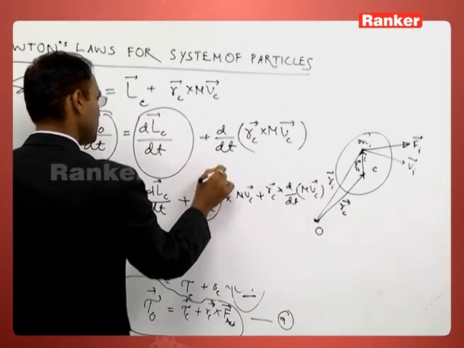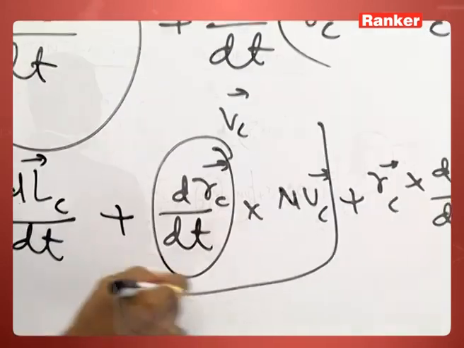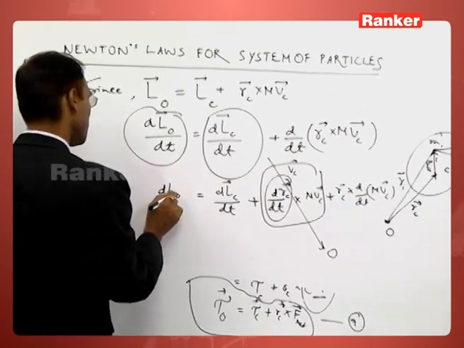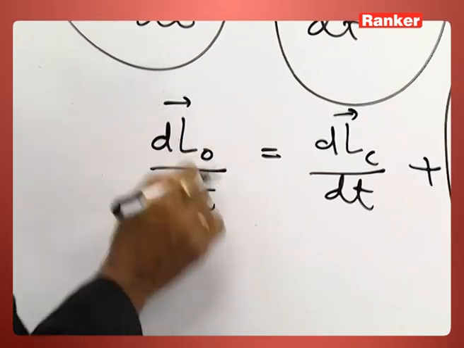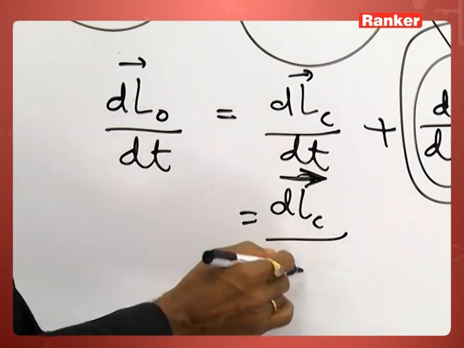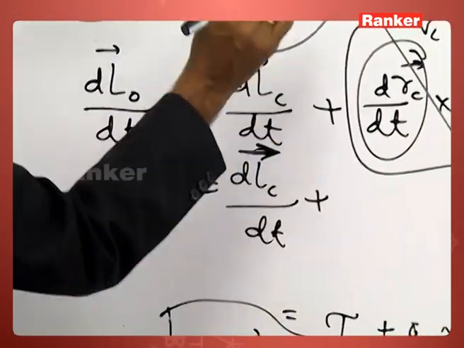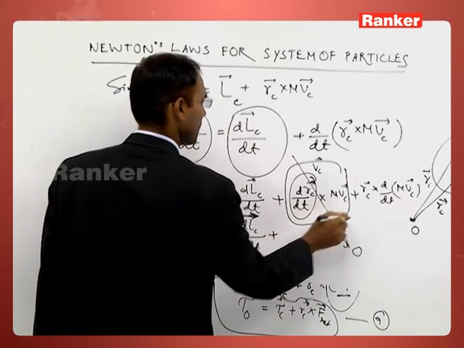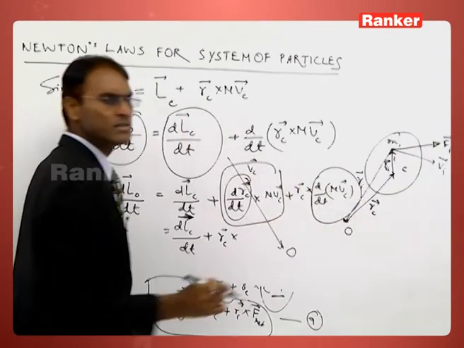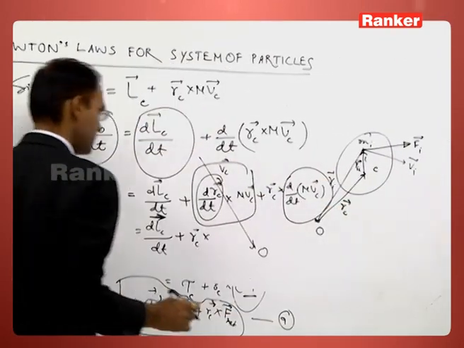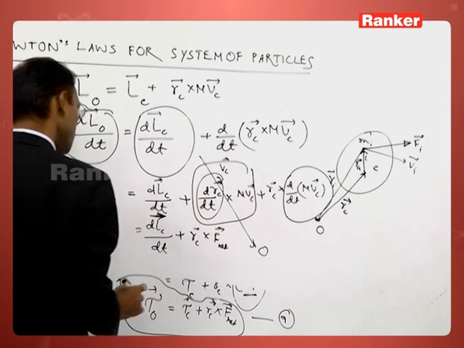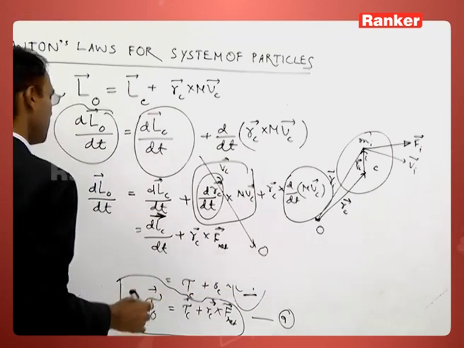Since drc by dt is equal to vc, and vc cross vc is 0, the entire term will vanish. Then we are left with these two terms: the rate of change of angular momentum of the system with respect to the center of mass frame, plus RC cross the rate of change of linear momentum of the center of mass, which is none other than the net force acting on the system, supposed to be acting at the center of mass.